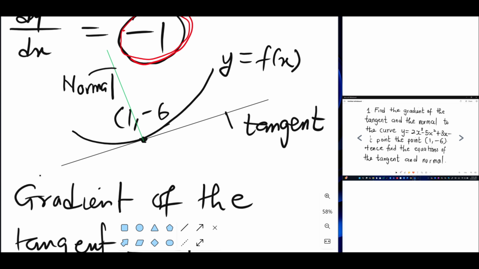So sorry, the normal is perpendicular to the tangent of the curve.